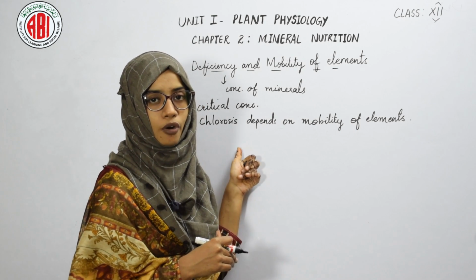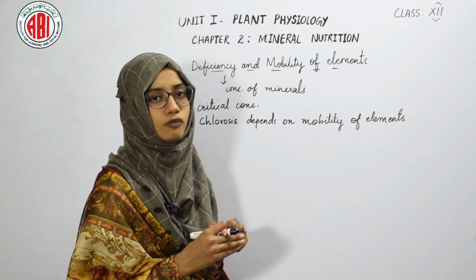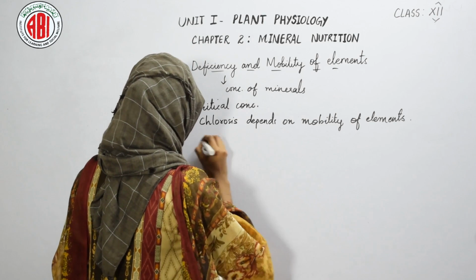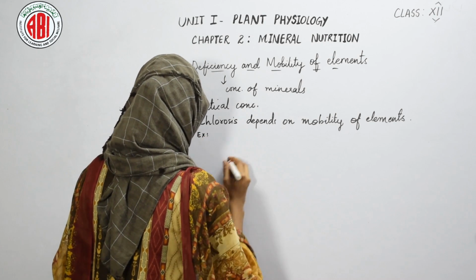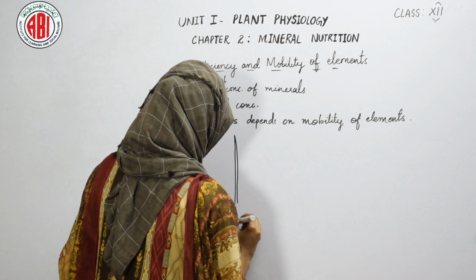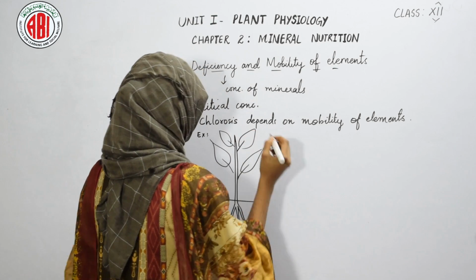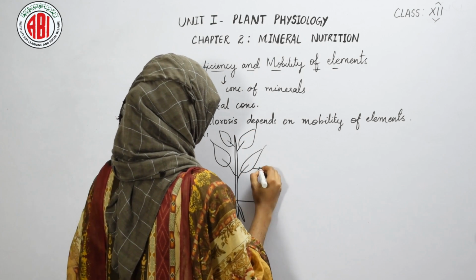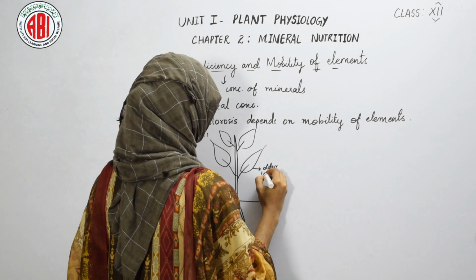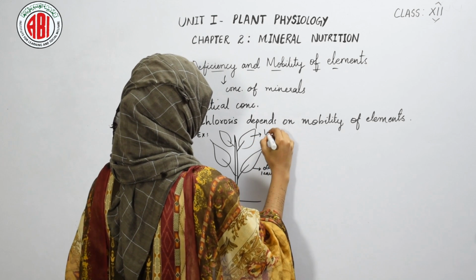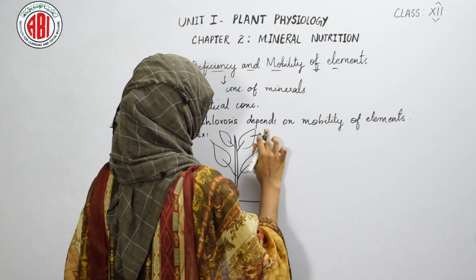Let's see this point by taking certain examples for better understanding. So first we'll take an example. Here we'll take a plant, and the leaves which are present at the lower side are older leaves, and those present at the upper side are younger leaves.